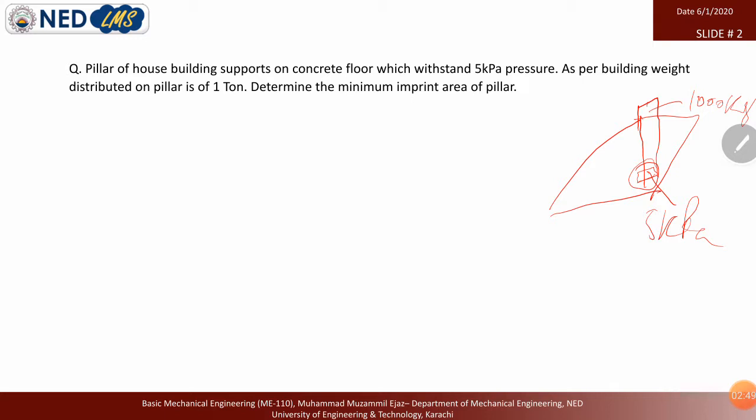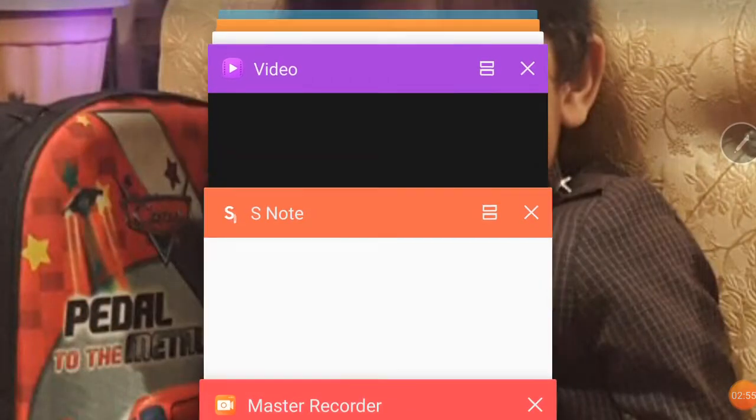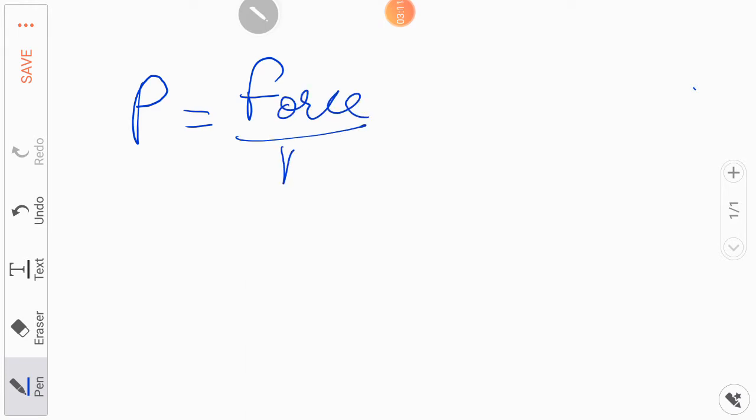So we apply the same formula. Pressure is equal to force upon area. This note can be saved, and I will also share it in the slides folder. How much is the pressure? 5 kilopascal. So we can write directly 5 × 10^3 Pascal, because by this formula the equivalent force can be calculated in Pascal, which is the unit of pressure.